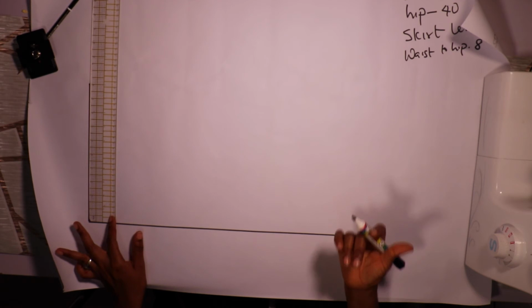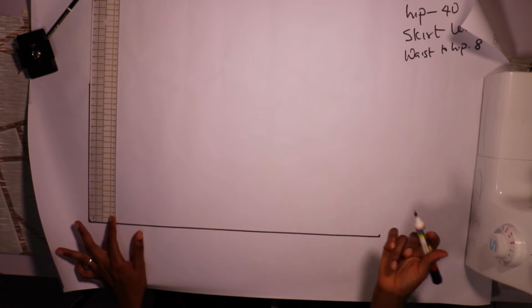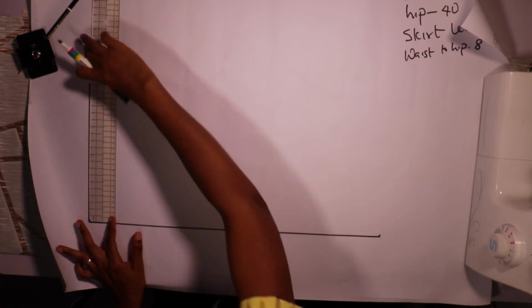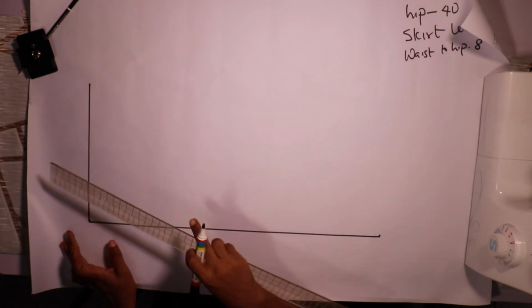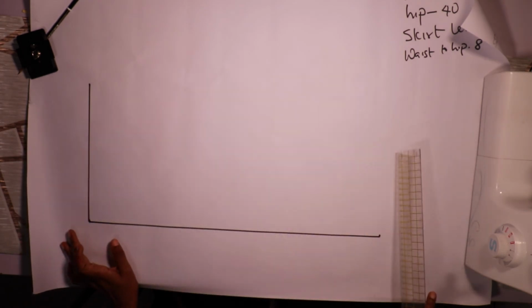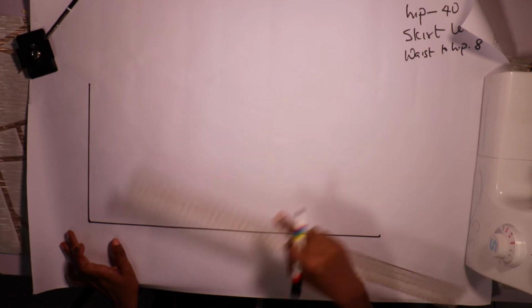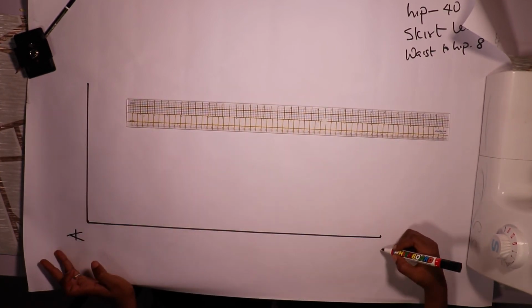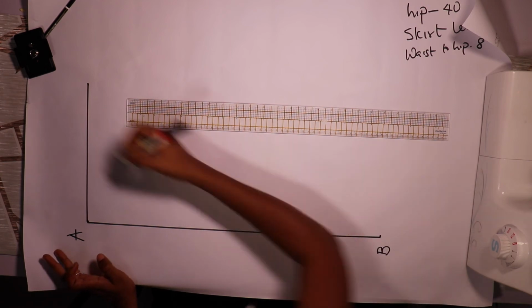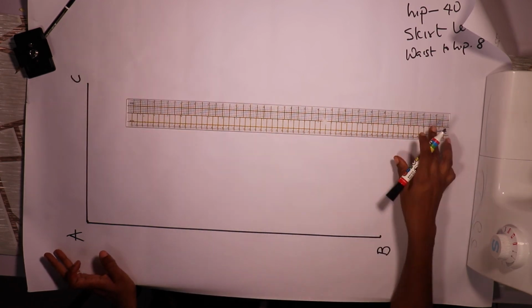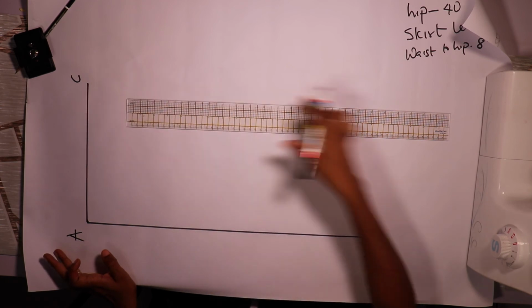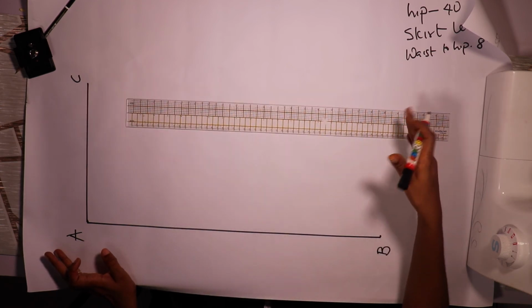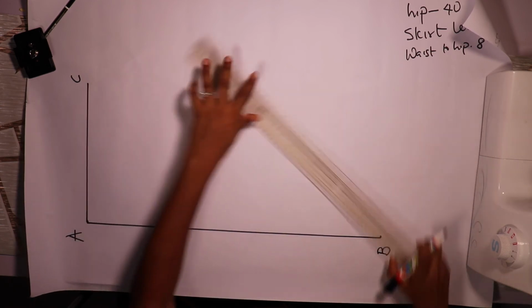We both know that a rectangle has two equal sides. So I need to reproduce what I have here down here, and what I have here here. This is my A, this is my B, and this is my C. For me to get my D, I have to square down from C and square across from B. So let's do this.